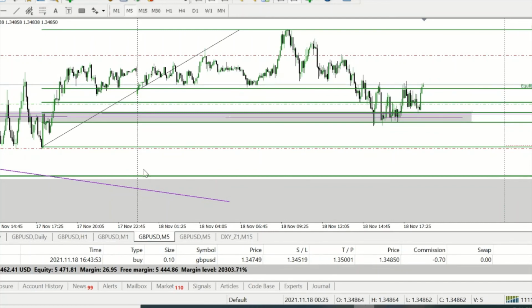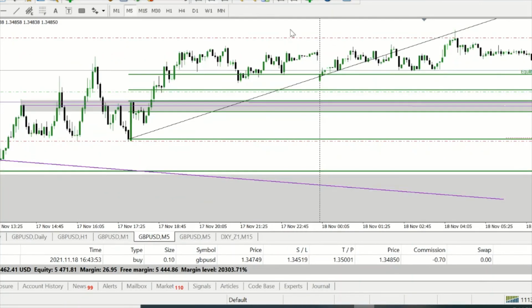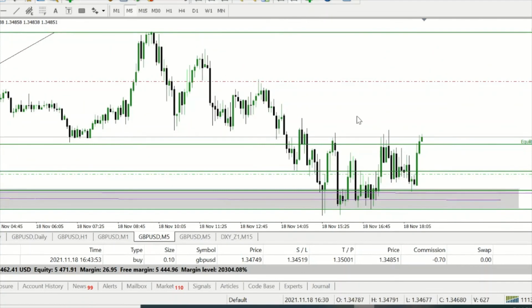If you have a good bias, you wouldn't miss opportunities, and you wouldn't get manipulated by the institutional traders. So today we learned about order blocks and breakers used by ICT. Those are the concepts used by ICT.